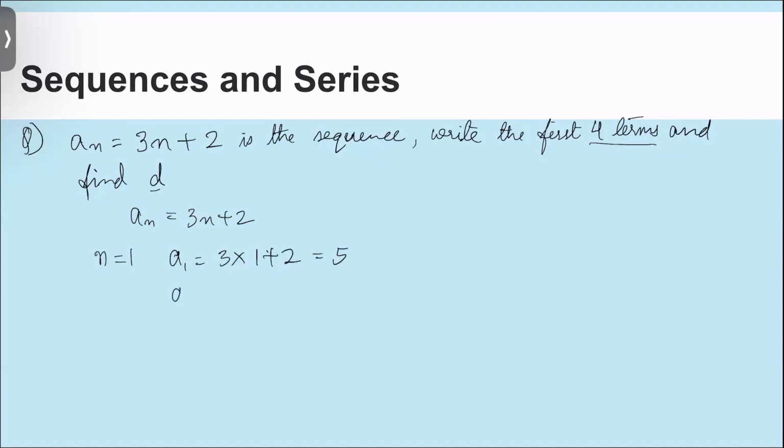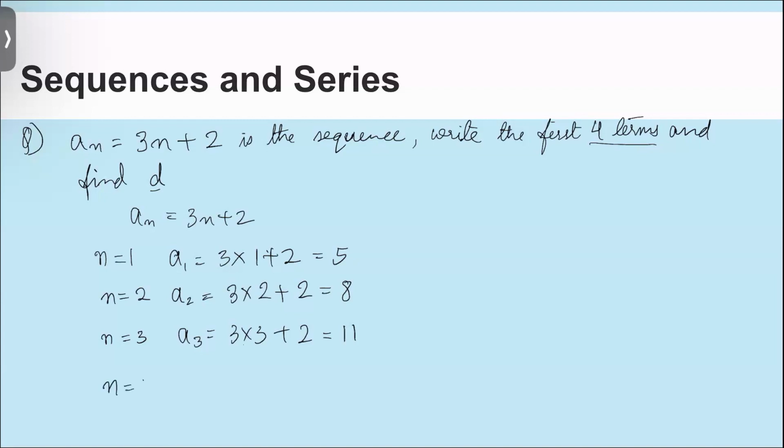For a2, when n is equal to 2, that is 3 into 2 plus 2, which is 8. For n equal to 3, a3 is 3 into 3 plus 2, which is 9 plus 2, that is 11.